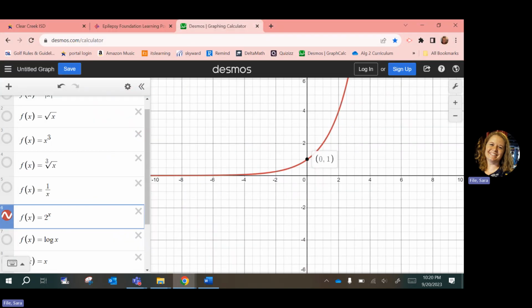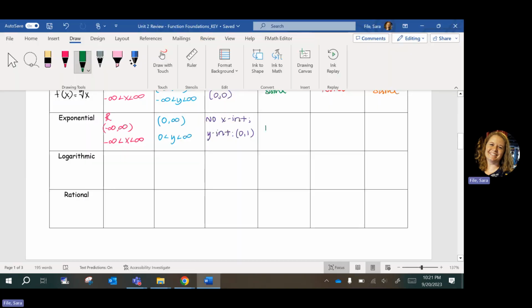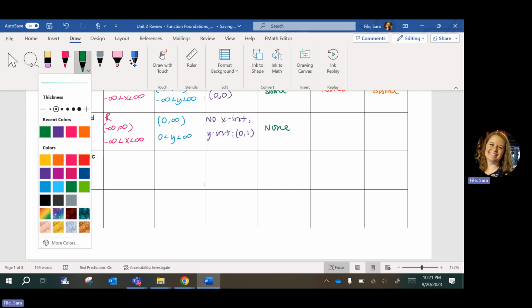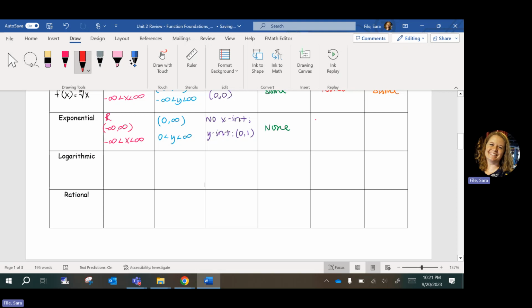This one does not reflect over the y-axis, and if I rotate this 180 degrees, it definitely looks different. So this doesn't have symmetry about the y-axis or the origin. Okay, so no symmetry, but let's see what was next. Oh, asymptotes were next. So this was the first one that actually does have an asymptote, and it has a horizontal asymptote.